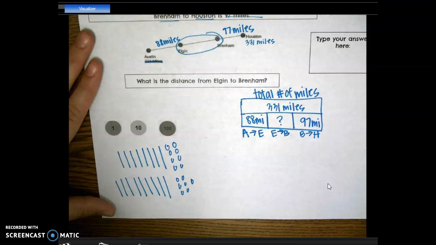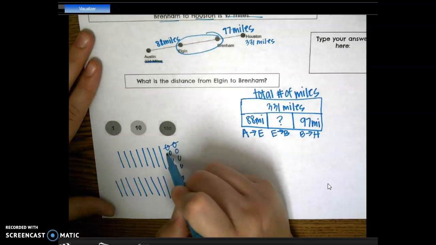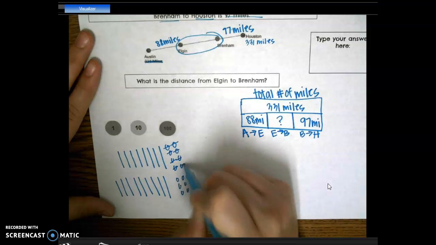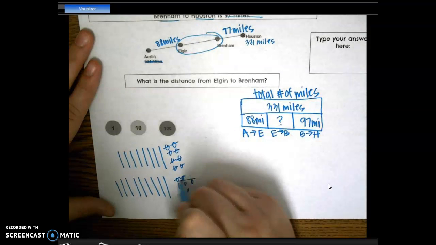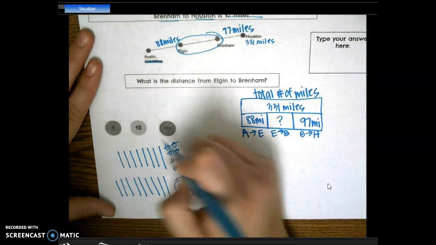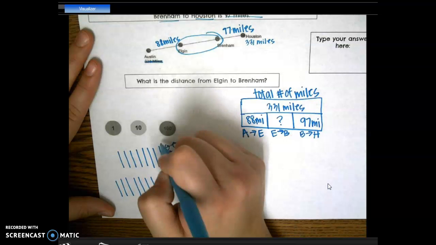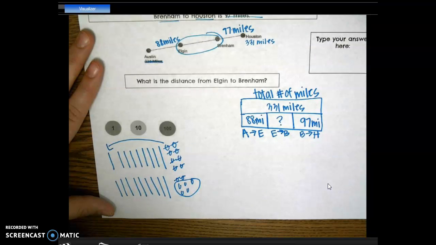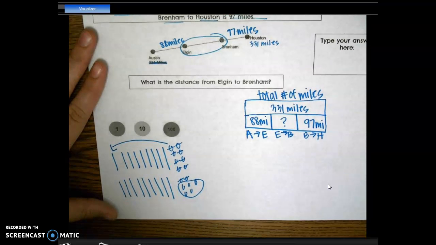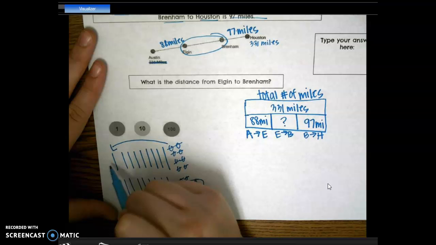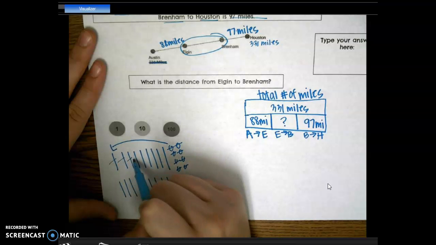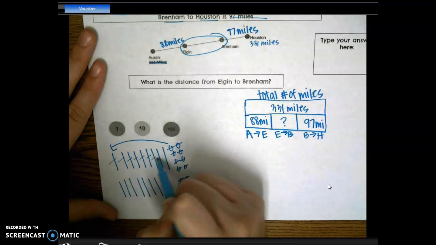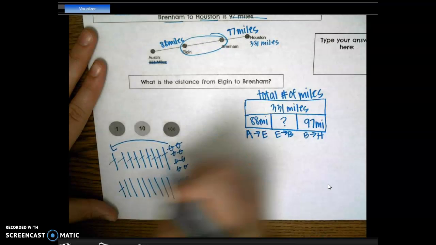I can do some regrouping. 1, 2, 3, 4, 5, 6, 7, 8, 9, 10. Those 10 ones become a new 10. Now, I'm pretty sure I can still do some regrouping from tens to hundreds. 10, 20, 30, 40, 50, 60, 70, 80, 90, 100.